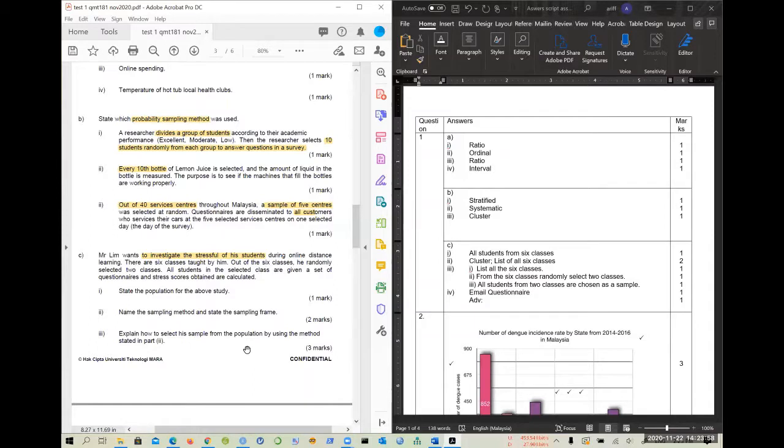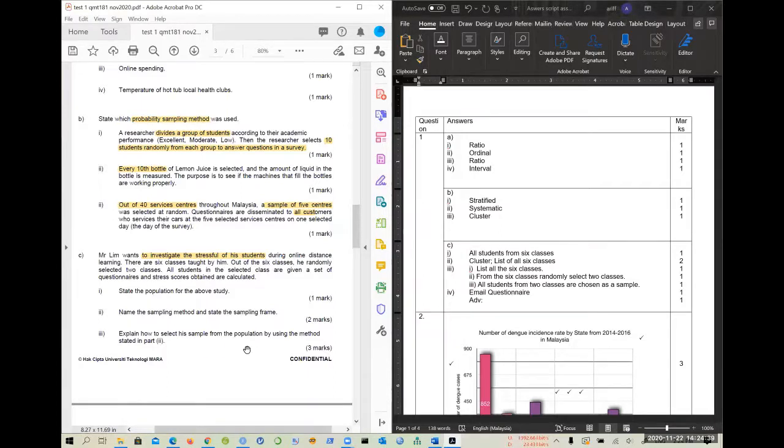Contohnya satu ni lah, satu tajuk kan, stress level among students during online distance learning, a case study of UiTM Kedah contohnya lah. Okay, so you can do that, and then if you want to do primary data, you can check on the questionnaire developed by somebody, I didn't remember the name, but you can check on the website, you can Google DASS21, DASS21.